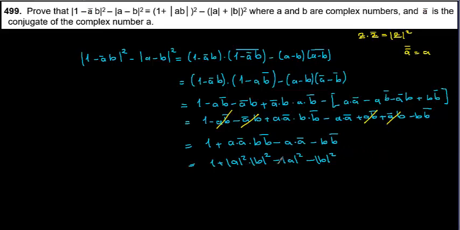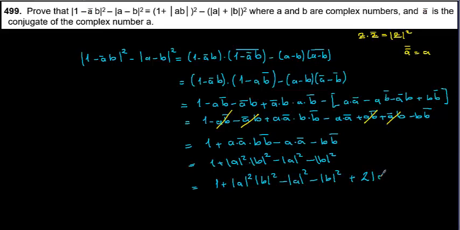Now this is the tricky part, and we are applying plus 2 A modulus B modulus. Here I'm going to rewrite this part: B modulus square minus A modulus square minus B modulus square. This is the tricky part.